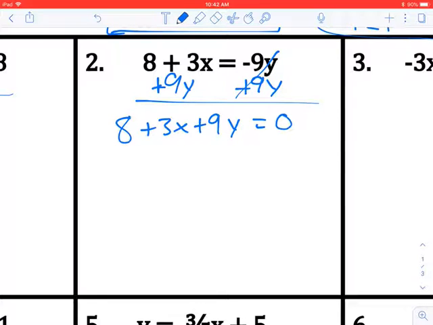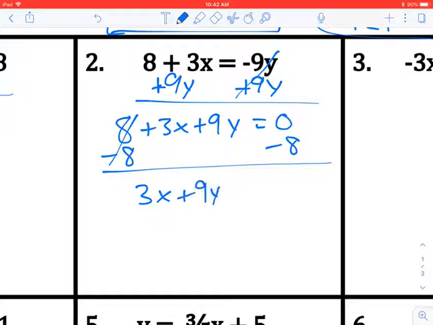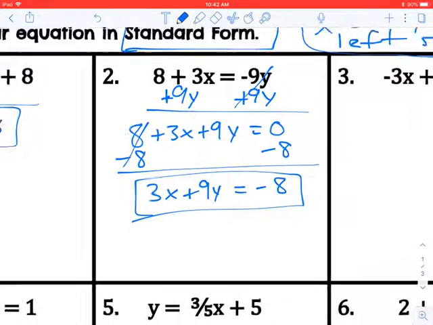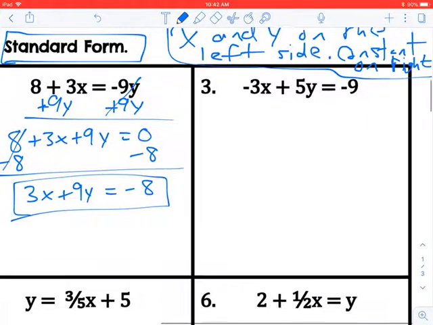Now, I've got x and y on the left side, but I need the constant on the right side. So I've got 3x plus 9y equals negative 8. I've got a positive, not fraction, and we're done. Final answer. Standard form. Okay?